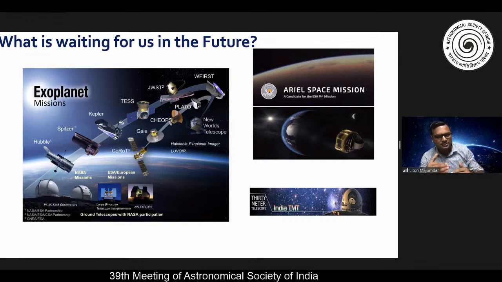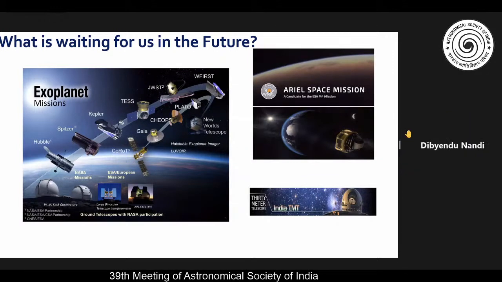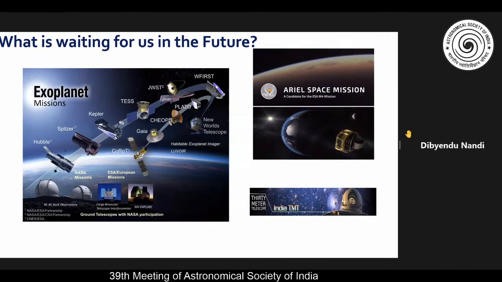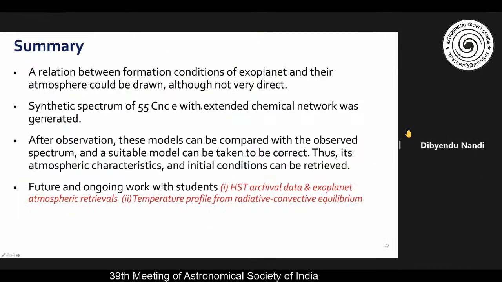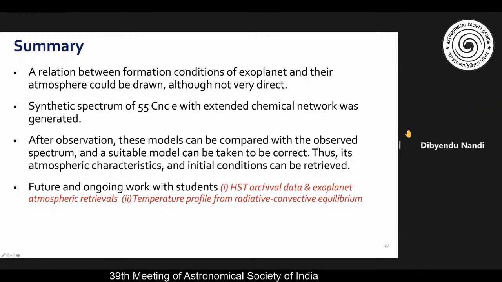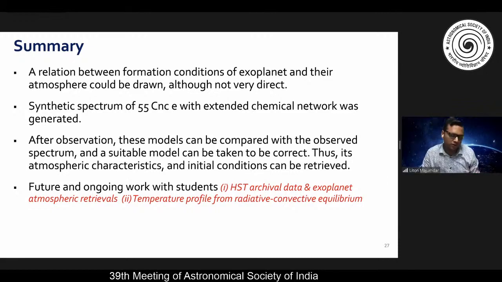Then, based on that C/O ratio, we evolve the atmosphere of the exoplanet, and if we fit the spectrum, then through reverse modeling we can trace the origin. But as I said, the relation is not one-to-one, so it needs a bit of modeling, mostly reverse modeling.